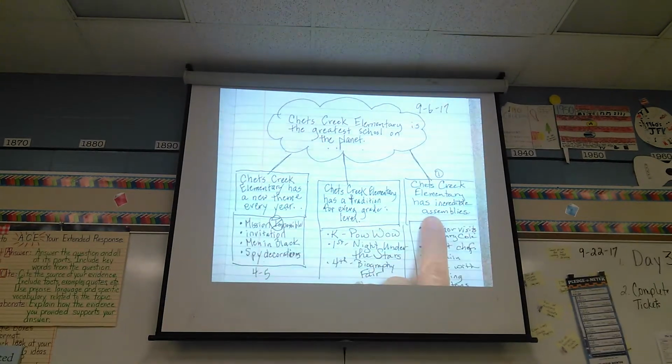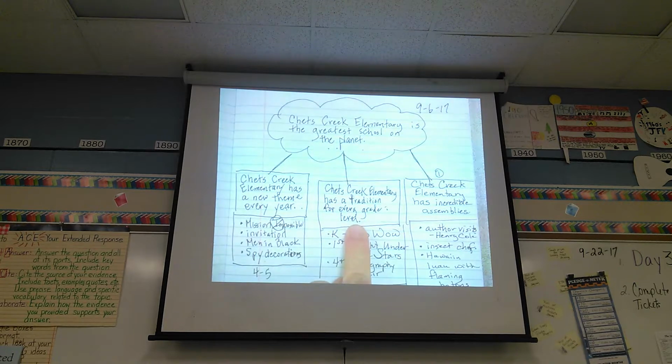Notice that my scenario hook went with the main idea of the assemblies. Okay, I could have also created a scenario describing a tradition. I could have said something like, imagine the entire kindergarten class dressed in Native American garb and standing around a teepee for a Native American powwow.